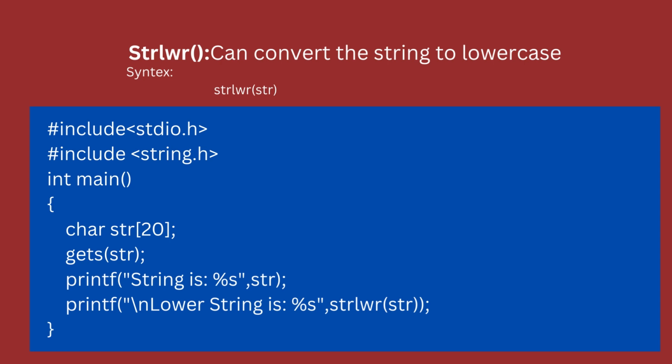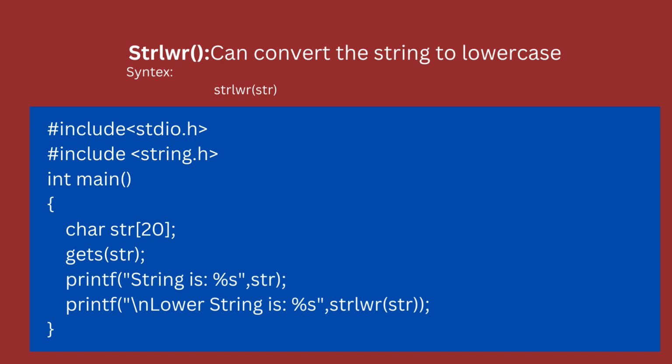In a program, let's see what is going on. Here we take the data from the user. If the user types capital A, then small b, then capital C, this type of string value is stored in the str variable.